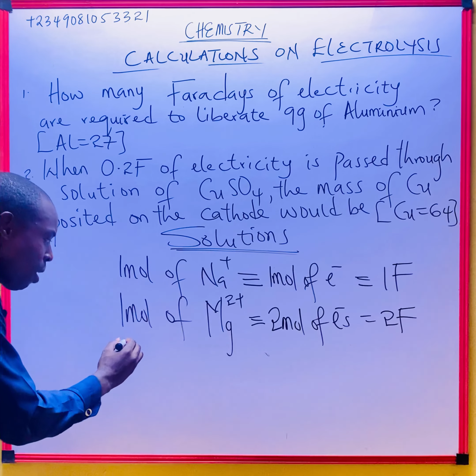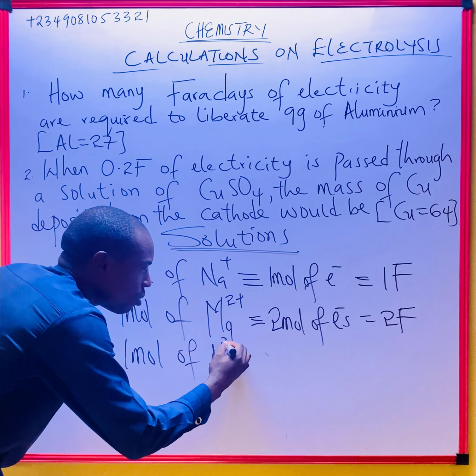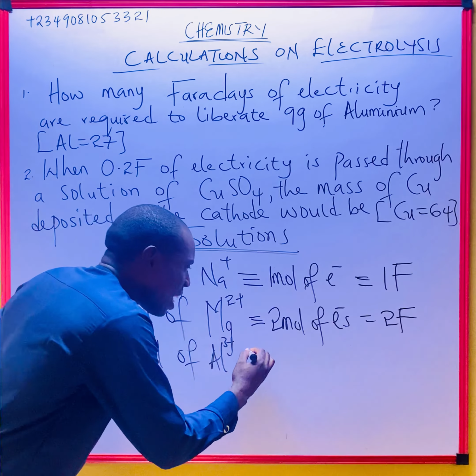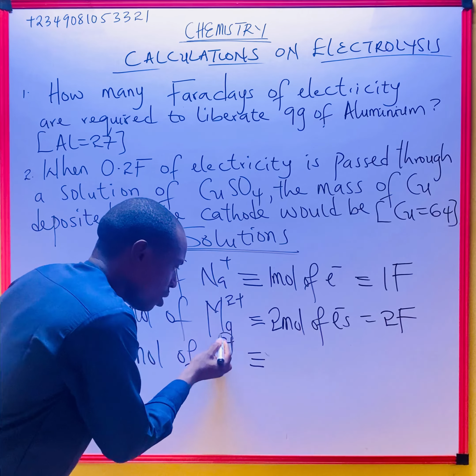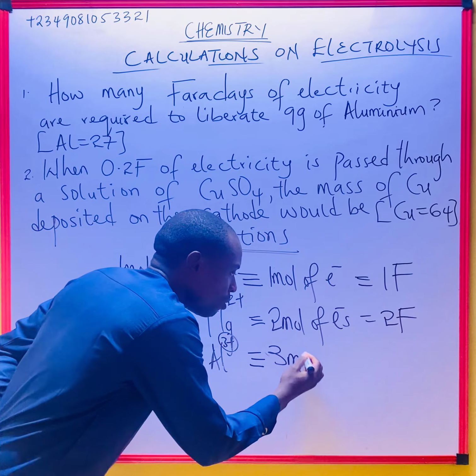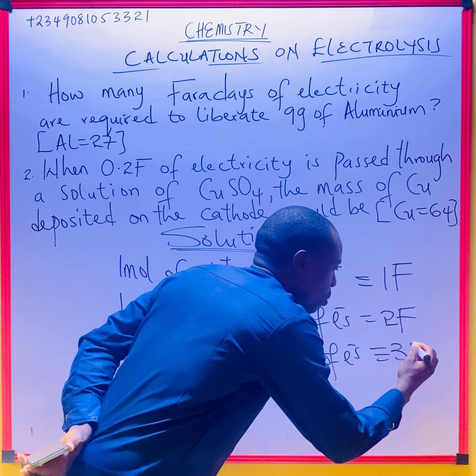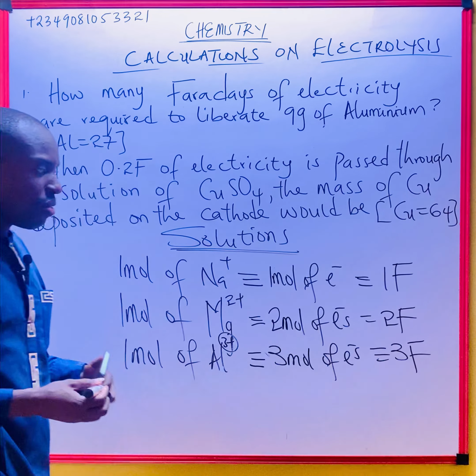So if I have 1 mole of aluminium 3 plus, take note of this charge here, it is equivalent to 3 moles of electrons, which is equivalent to 3 farad.